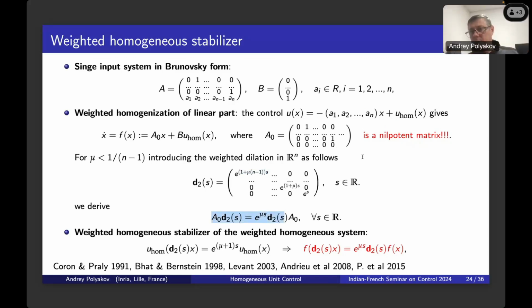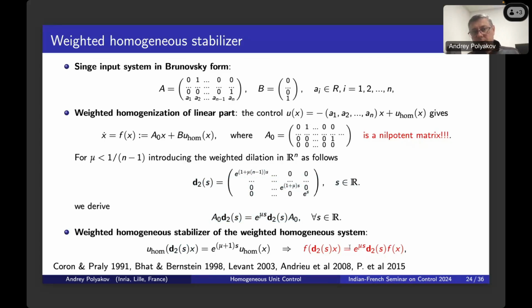The matrix corresponds to the chain of integrators, and this matrix is homogeneous in the generalized sense. So taking any homogeneous controller, the closed loop system will also be homogeneous. There are many examples of how to design some homogeneous controller for a system in this form.